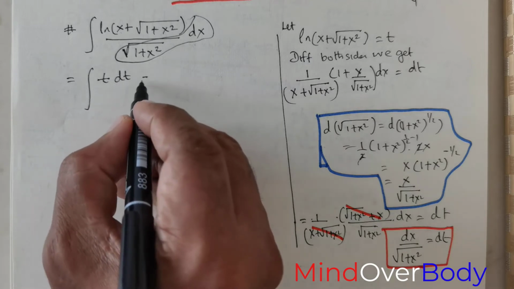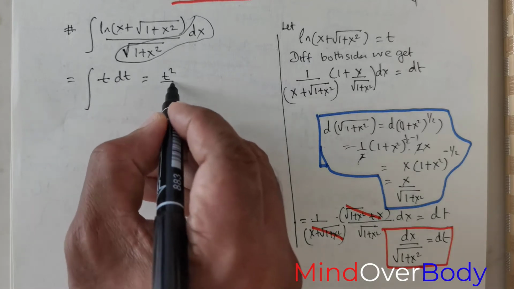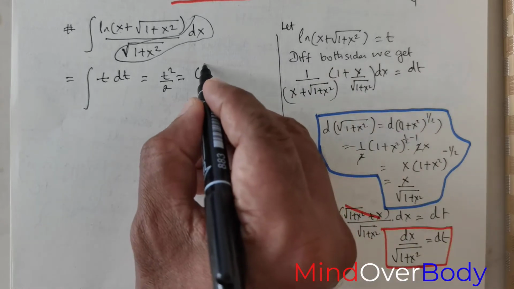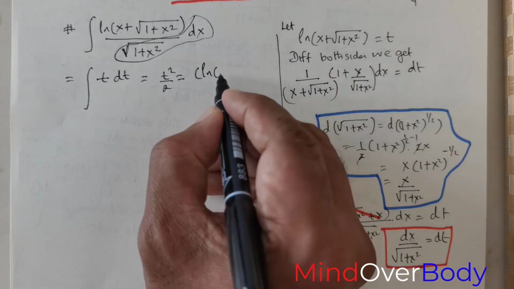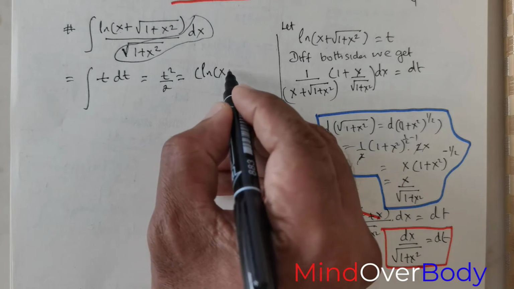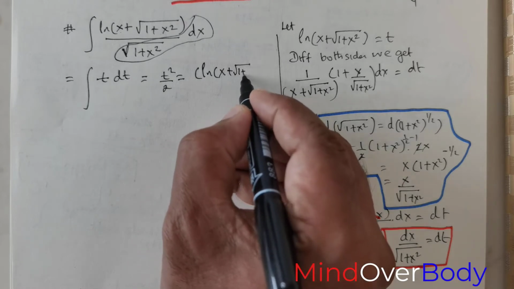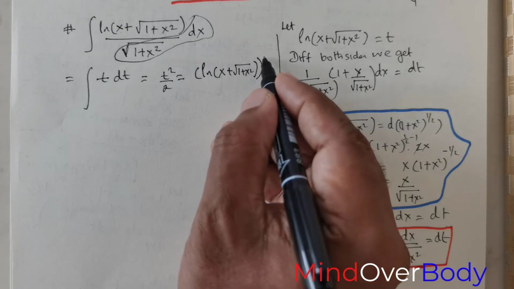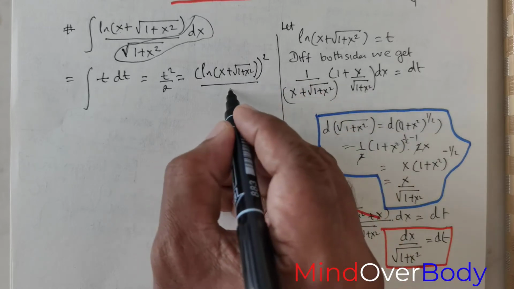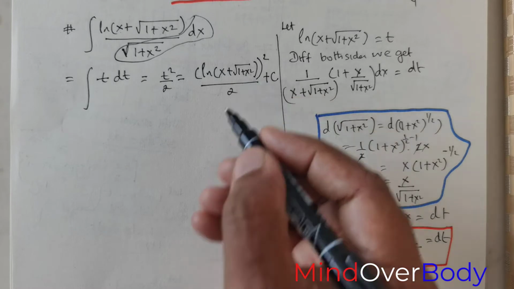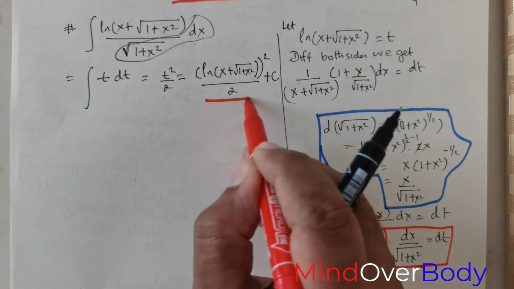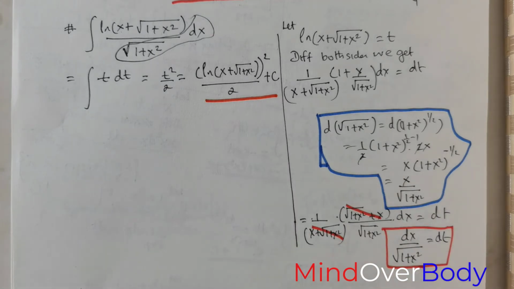If I were to integrate this, it is going to be t squared over 2, but t is ln of x plus root of 1 plus x squared. It has to be raised to the power of 2 and divided by 2, with the arbitrary constant c. So this is our solution, and it's a good place for us to draw the red line.